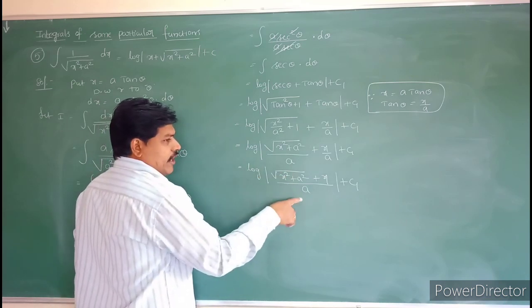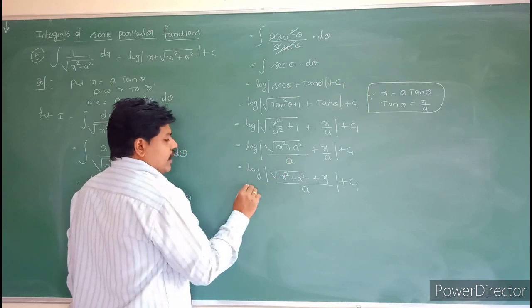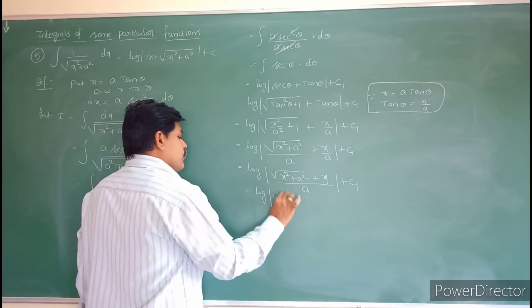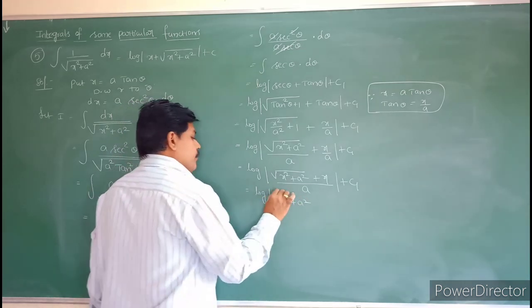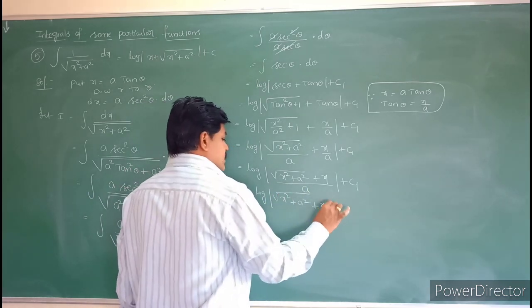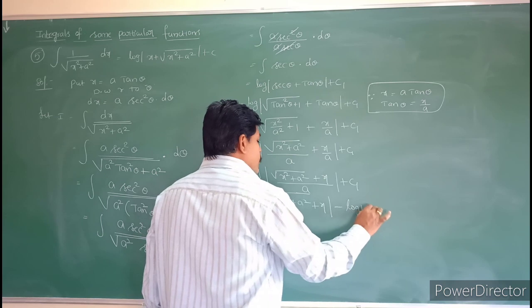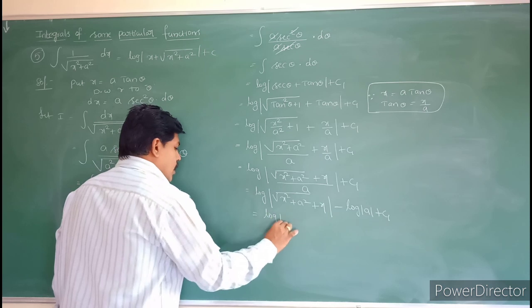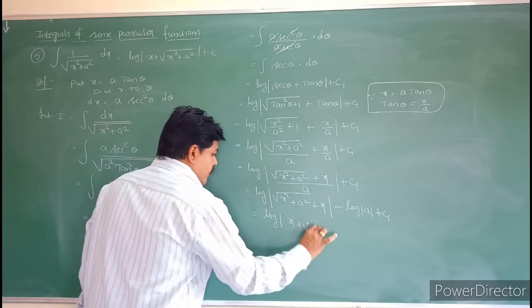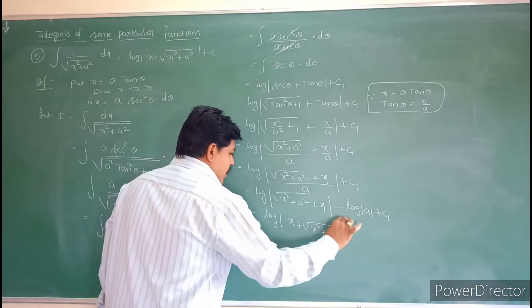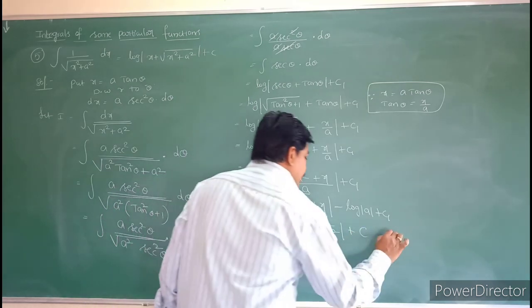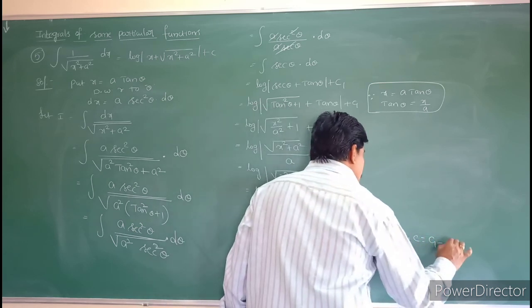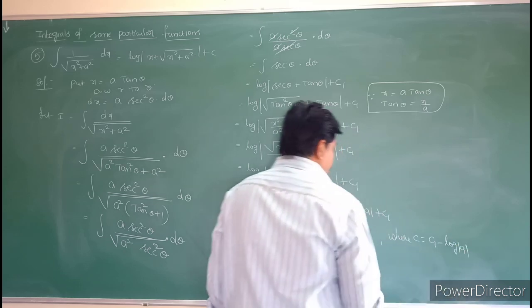It is in the form of log a by b. Log of a by b you can write as log a minus log b. You can take it as log of mod root of x square plus a square plus x, minus log of mod a, plus c1. So you can write log of mod x plus root of x square plus a square plus c, where c is equal to c1 minus log mod a.